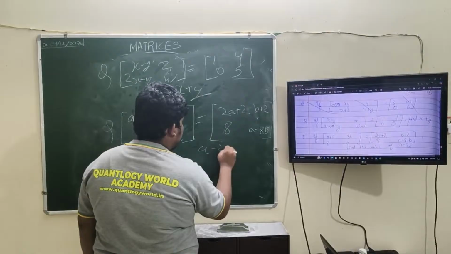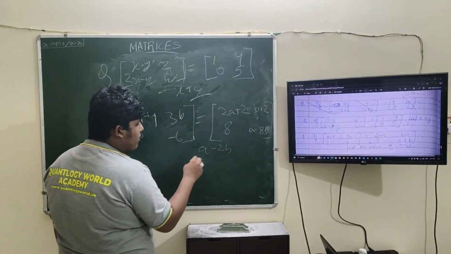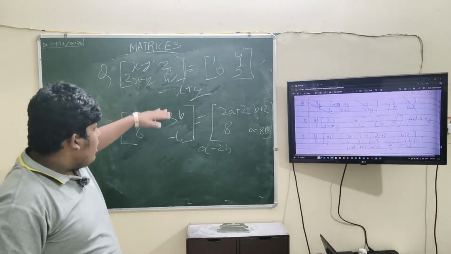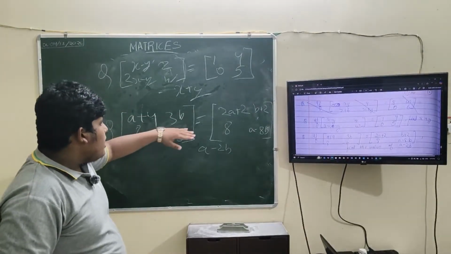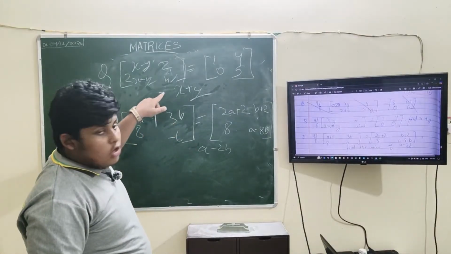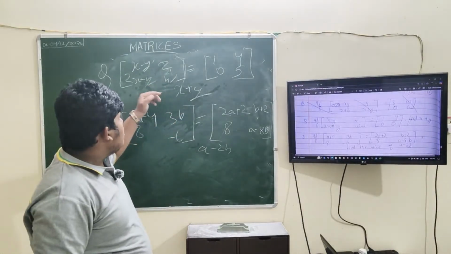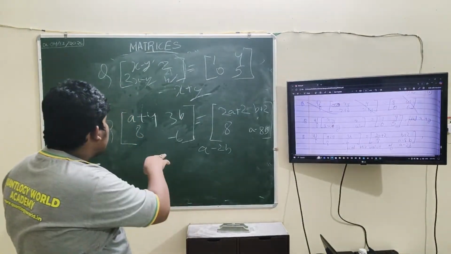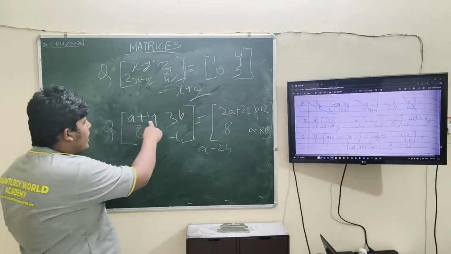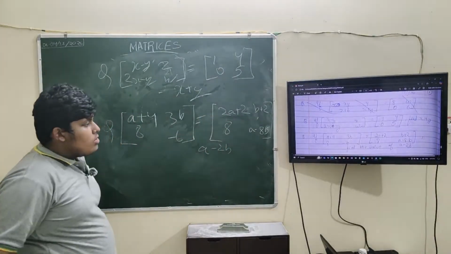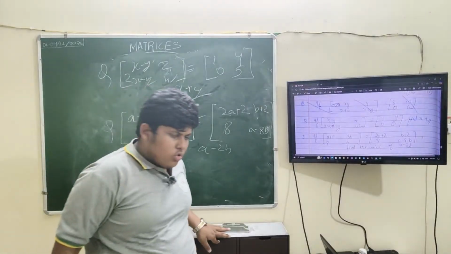This question is also the same as before. You have to find a minus 2b. It is easier compared to the last question, because in the last question you had to make two equations and solve them, but in this question you can directly solve it, because a plus 4 is equal to 2a plus 2. So it will be easier to solve.